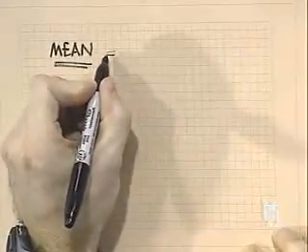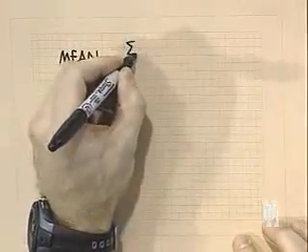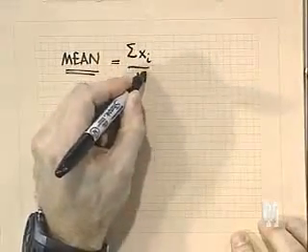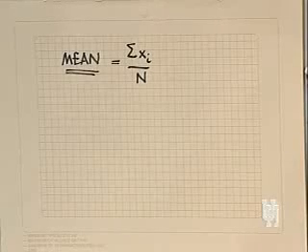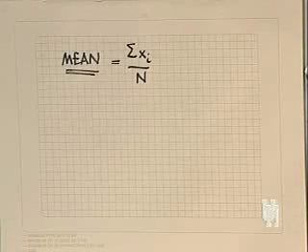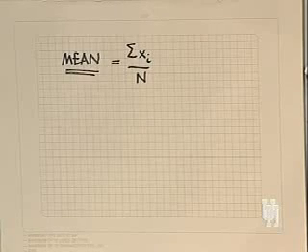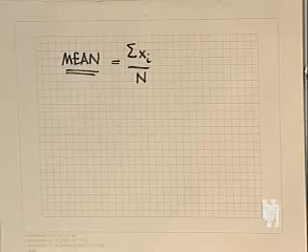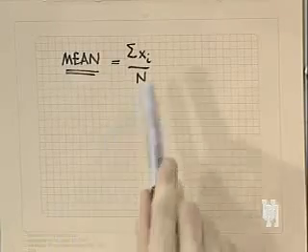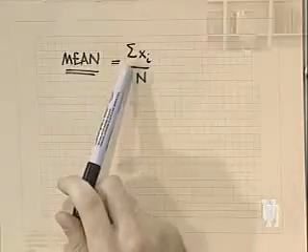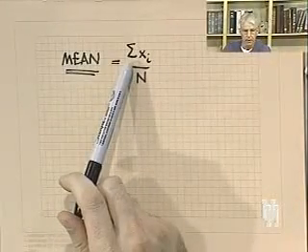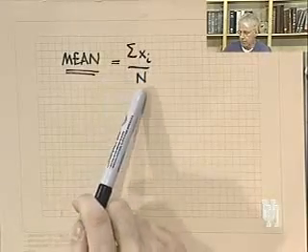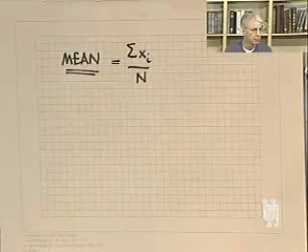In order to compute the mean, the formula for computation is the sum of xi over n. Now that may be a little unfamiliar to you, but the process that it denotes, I think, is very straightforward and very familiar to you. The sum of xi over n simply tells you to add together, to sum together all of the individual scores and then divide by n, the total number of scores.